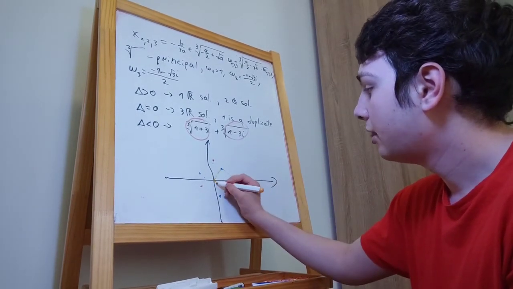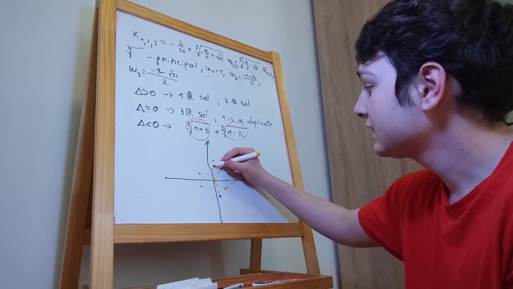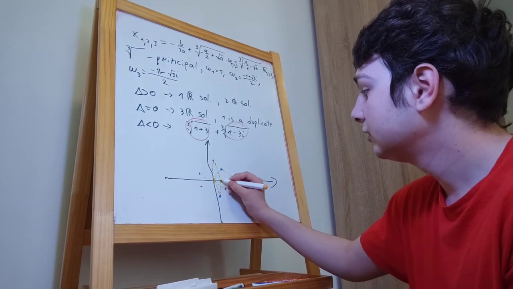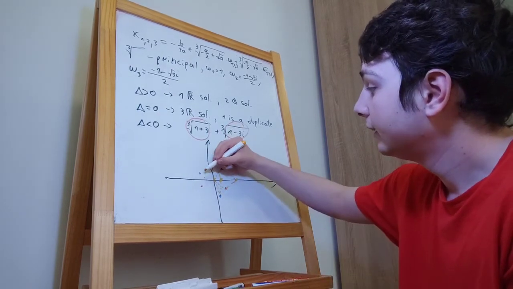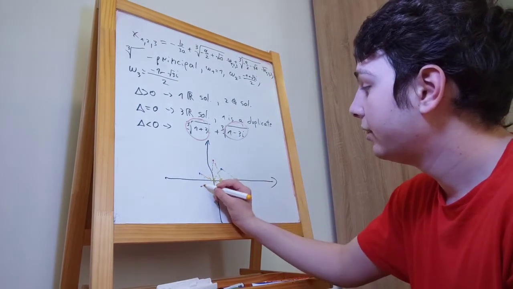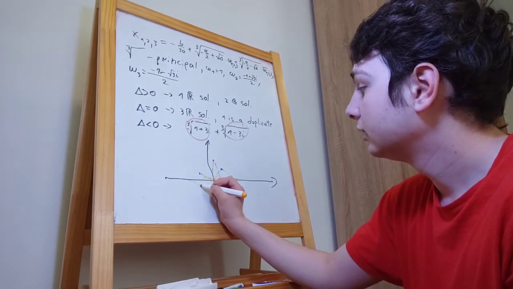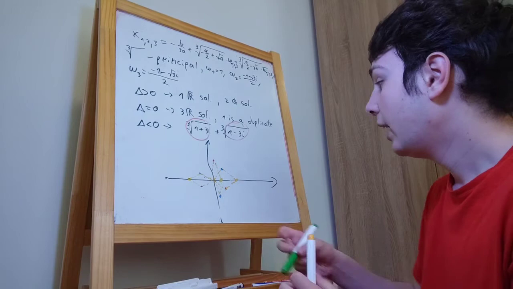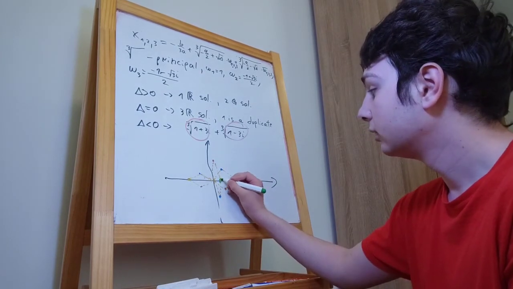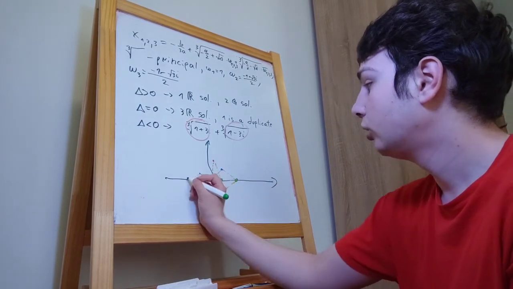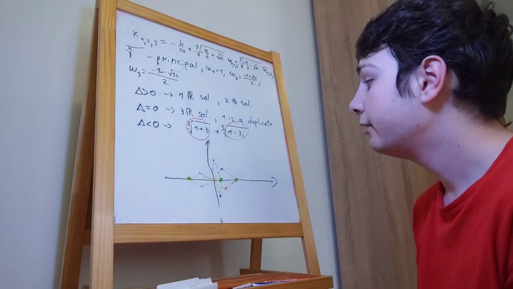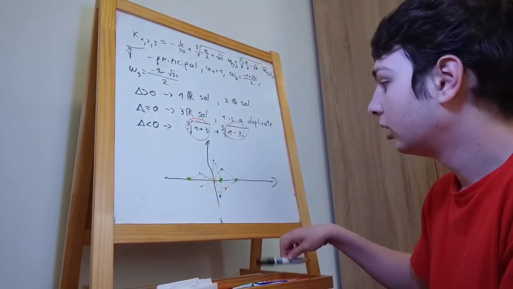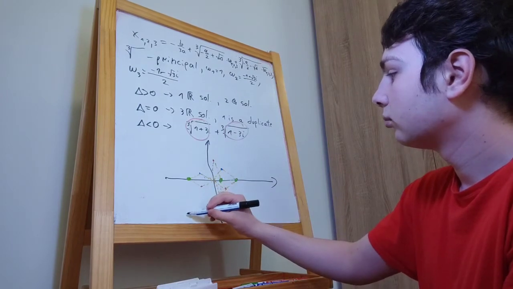Next pair, this plus this, imaginary parts cancel out, this gives us a real solution. And then this plus this cancel the imaginary parts, and then we get a real solution. And these three solutions are real.